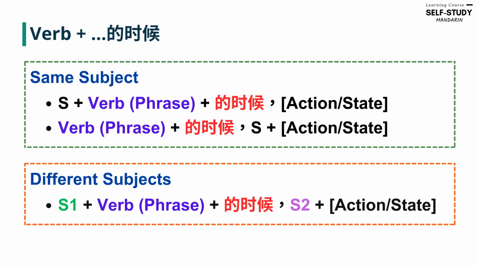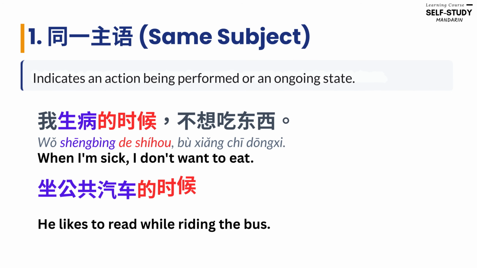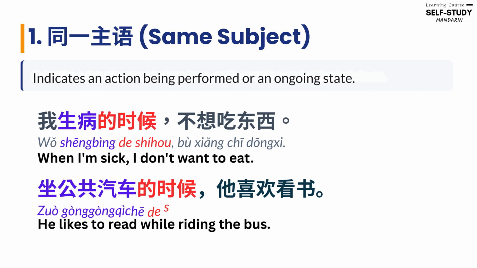Great job! Now let's move on to our second main structure, verb or verb phrase plus 的时候. Just like with the quantity structure, we also divide this into two scenarios, same subject and different subjects. Let's take a look. When the subject is the same, this structure indicates an action being performed or an ongoing state.